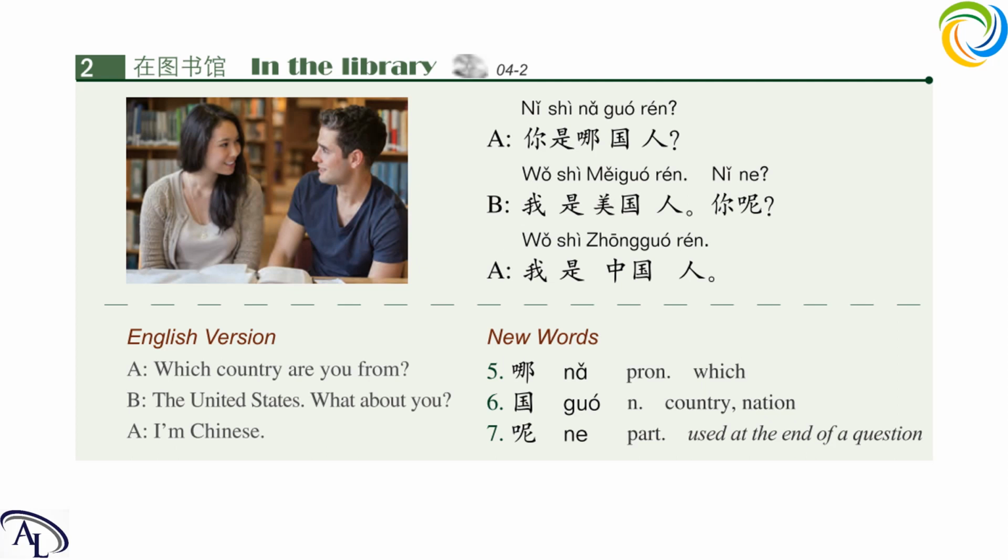The nationality, 美国人. So, 你呢 actually is asking about you. What's your nationality? Where are you from? What about you?